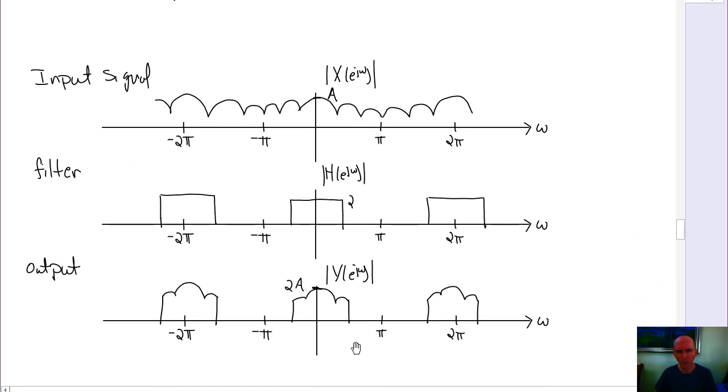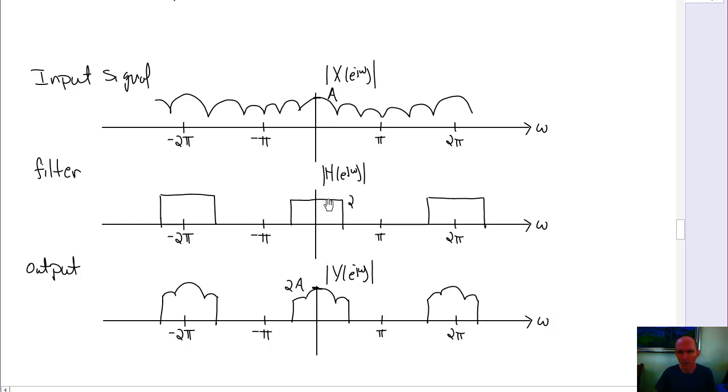So in general, if we have any signal, let's say it's x of e to the j omega, and it has a maximum magnitude of a. And let's say this is our filter. We know that the output, or at least the magnitude of the output, is going to be the multiplication of these two terms. Now this goes to 0 abruptly at some frequency.